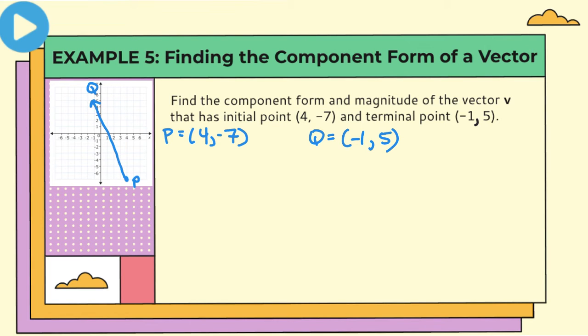So I'm going to let P equal 4, -7, which is actually what we can call our P sub 1 and our P sub 2. And then Q is -1, 5, which we can call our Q sub 1 and our Q sub 2.